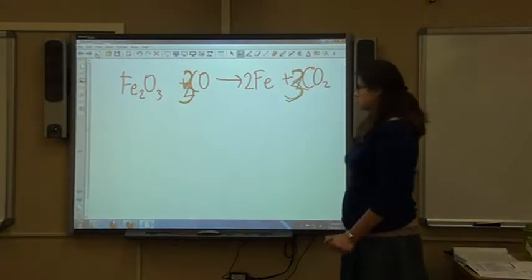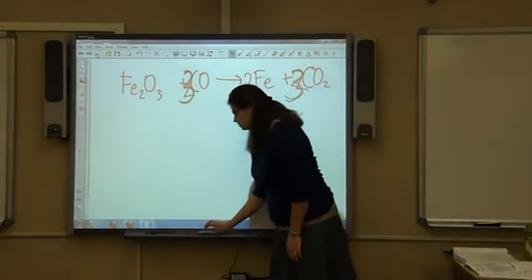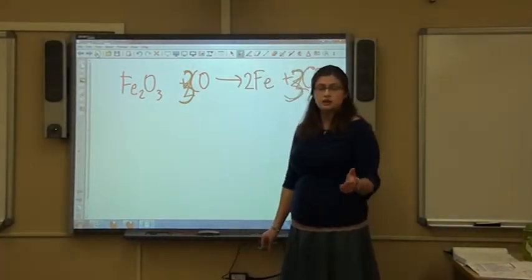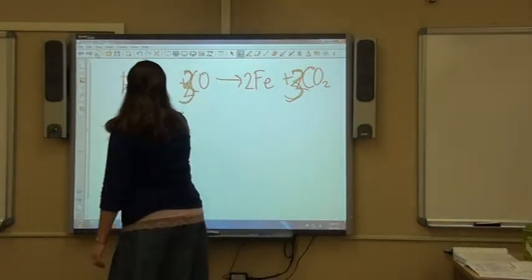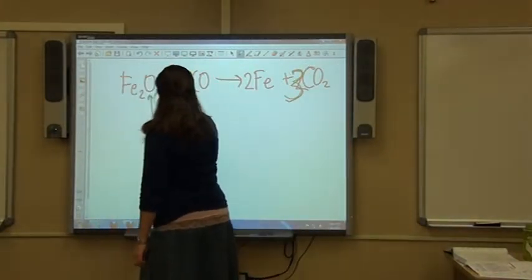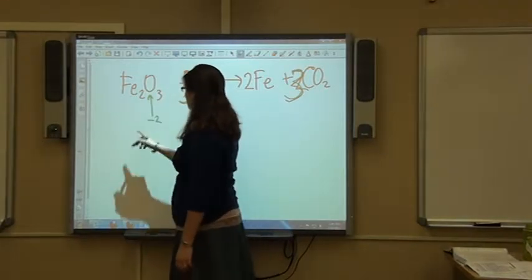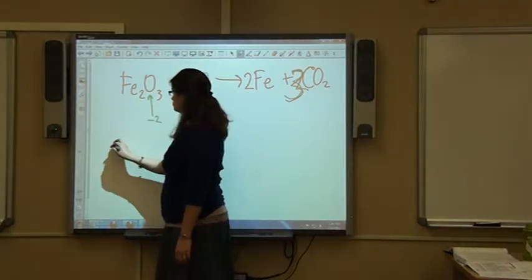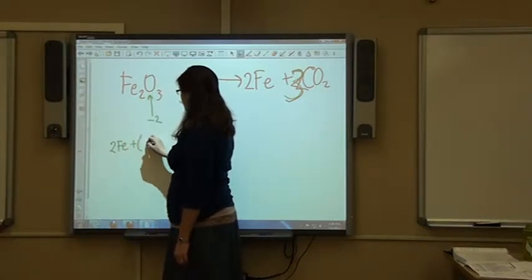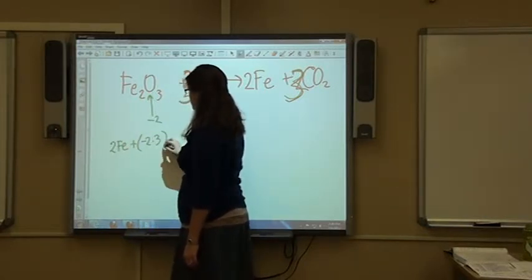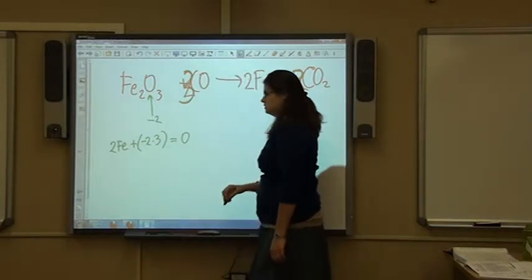Okay, so now let's go through and identify the oxidation numbers for each element in every compound in this equation. Okay. Here we have a -2. Now, here we have a case where there are 2 irons. 2 Fe plus -2 times 3 for the oxygen has to equal 0 this time.